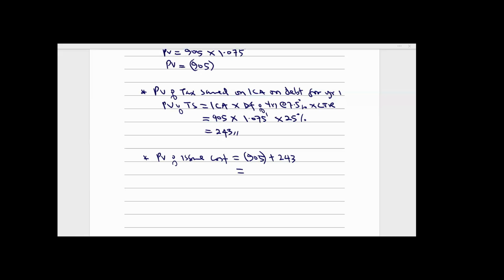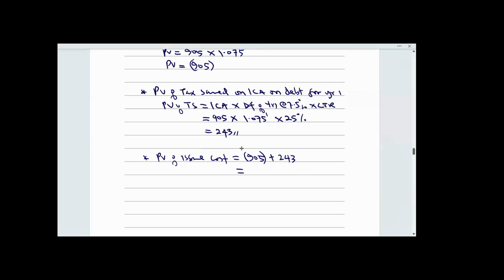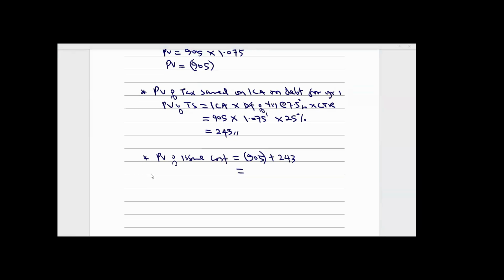So let me see. Year 1, 7.5. The discount factor is not supposed to be raised to power 1; it's supposed to be raised to power minus 1. Yes, the discount factor is supposed to be raised to minus 1.